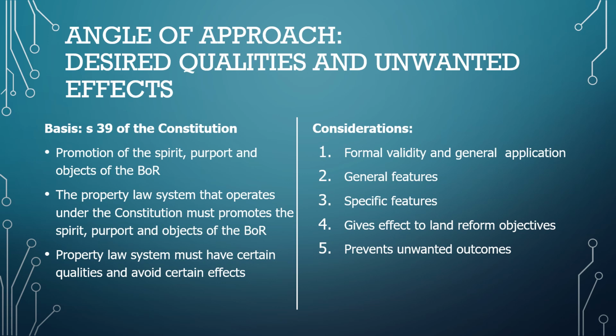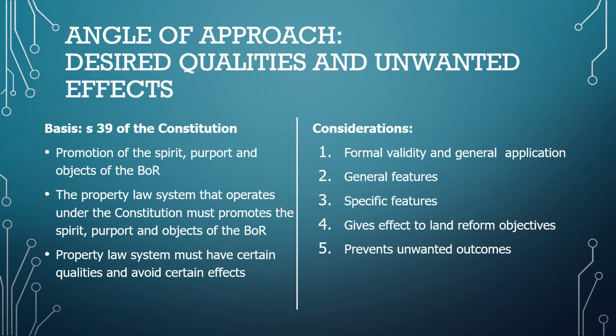So if the source of law does not protect the inherent human dignity of every person, then you would say that the source of law does not have this general feature and therefore does not have this desired quality, and does not really meet or satisfy the test.